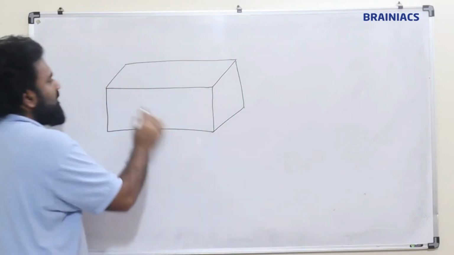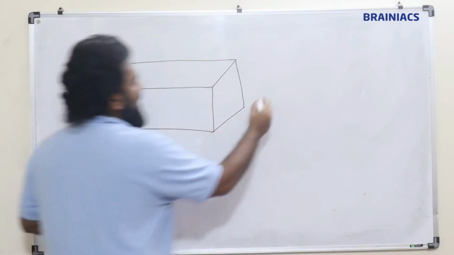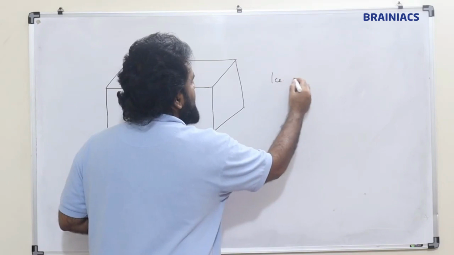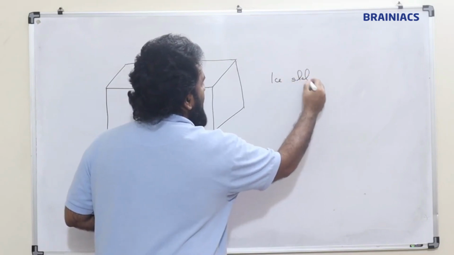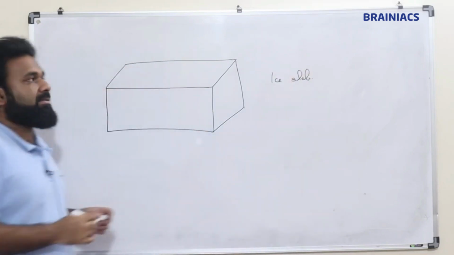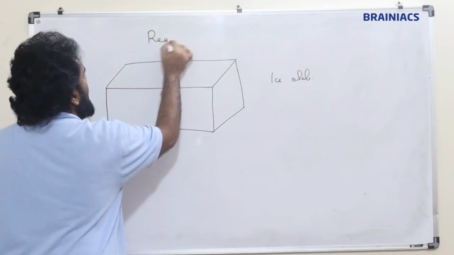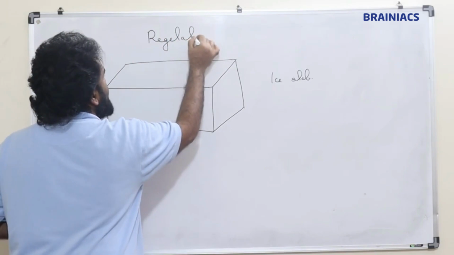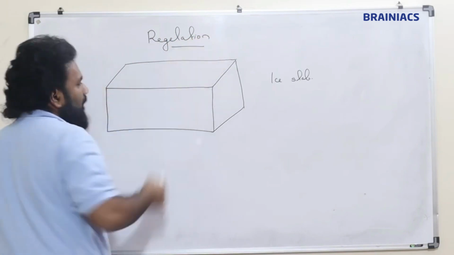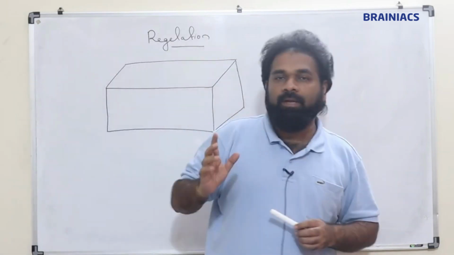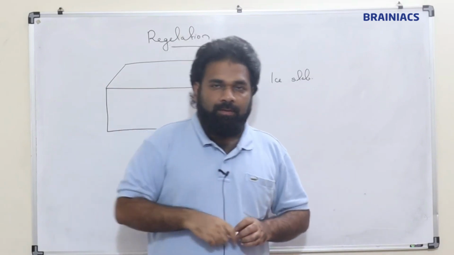Here, suppose this is an ice slab. I am going to explain a phenomenon called regelation.